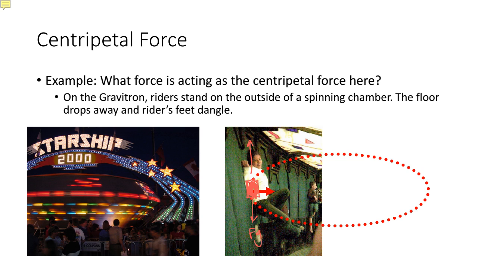What's the force acting upwards, and what's the force acting towards the center of the circle? Since this is the surface or the wall, you might realize that it's actually the force normal acting towards the center of the circle, that the force normal is equal to the centripetal force in this example. What's the force acting upwards? That's the force friction. That's what keeps her from sliding down the wall, and that's why the wall is often carpeted.